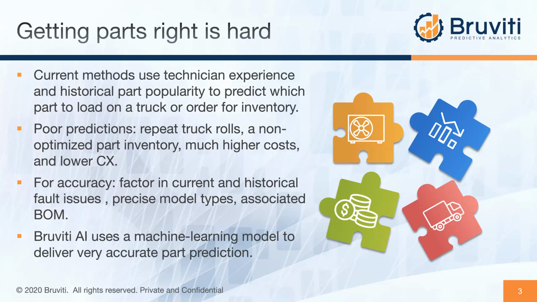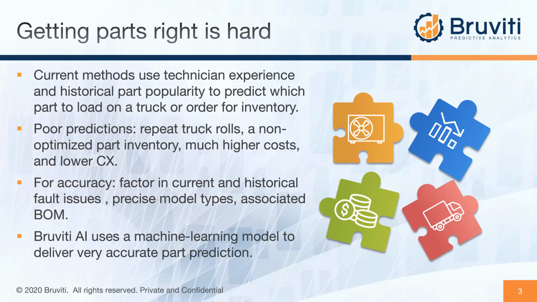And thanks a lot, Tim, and nice setup. So, parts prediction. I think the ability to accurately predict parts, whether it's what service technicians load on their trucks as they go on service calls, or how parts are ordered and distributed to service depots, is a critical factor in the success of a service ecosystem.